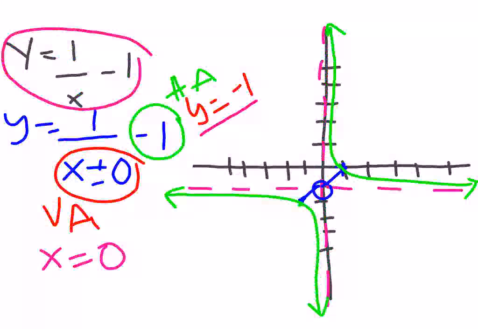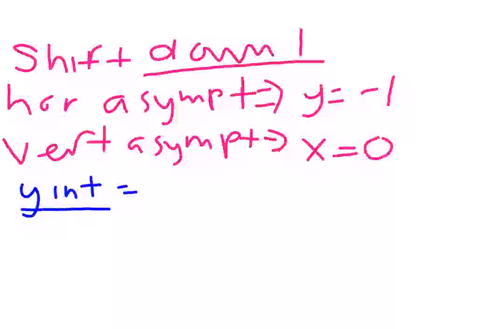The graph won't intercept the y-axis unless it goes through the y-axis, right? Are we ever going through the y-axis on this graph? Our y-axis is actually an asymptote. Is it ever going to be the case that something like this blue line happens where we pass through it? No, because you can't touch an asymptote, right? So we have no y-intercept.